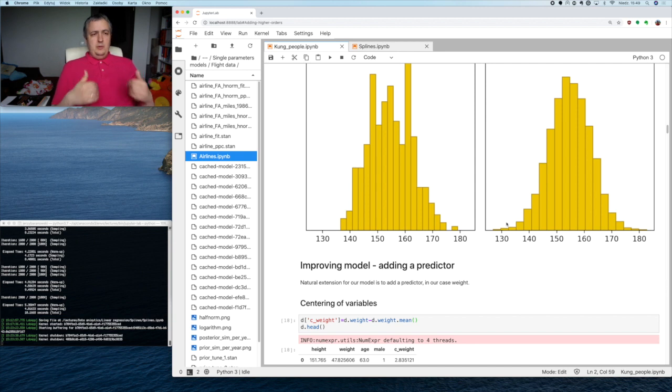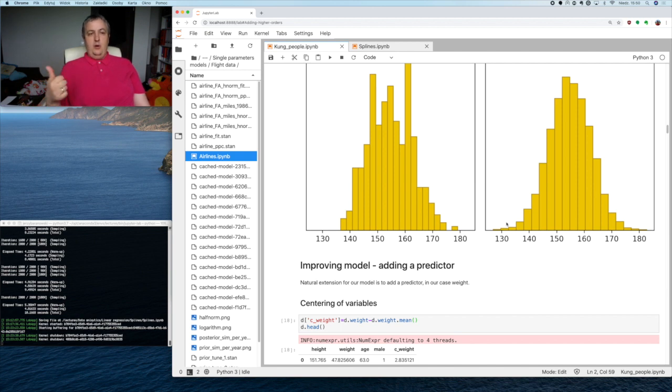What does it mean? It means that, for example, when we are considering our predictor, we want to focus not about the value of weight. We don't want to consider weight scaling in natural variables, but we want to see how weight changes as a deviation from its mean.